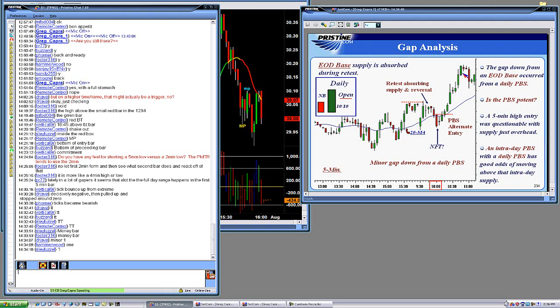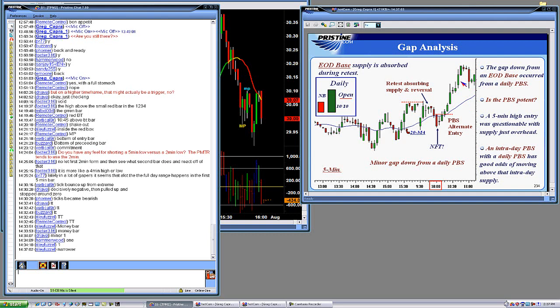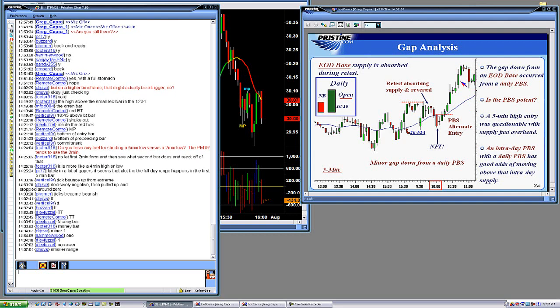Besides the fact that it closed on its high, tell me something about that bar relative to the bar that preceded it. Demand was strong right into the end of that time period. Exactly. It's narrower. The range contracted.